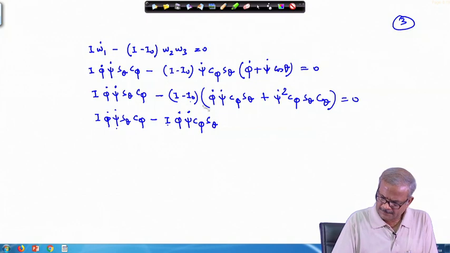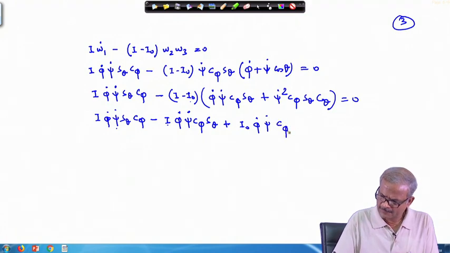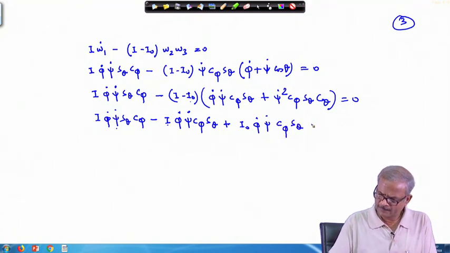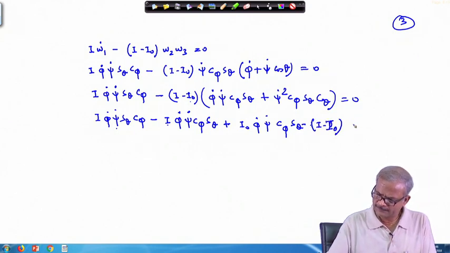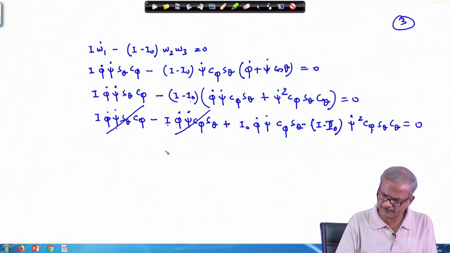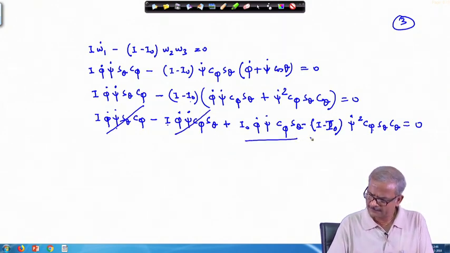So, here the other term we can write as plus I 0 times phi dot psi dot C phi S theta and minus I minus I 0 times psi dot square S theta C theta, this equal to 0. So, these 2 terms drop out, and from here what we see is that C phi and S theta both are common.